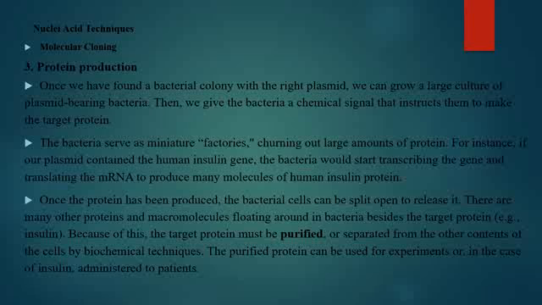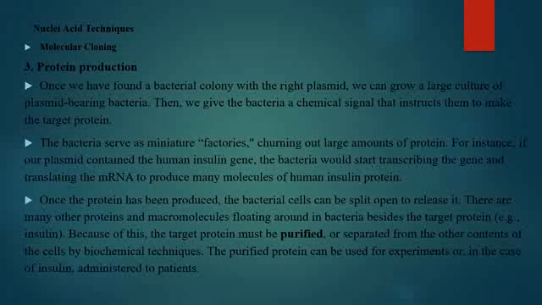So you put in your gene for insulin, it enters the plasmid, you push it into the bacteria. Then you tell the bacteria to produce the protein corresponding to that particular gene. When that protein is produced, you now harvest it as your insulin. The last point: once the protein has been produced, the bacterial cells can be split open to release it.